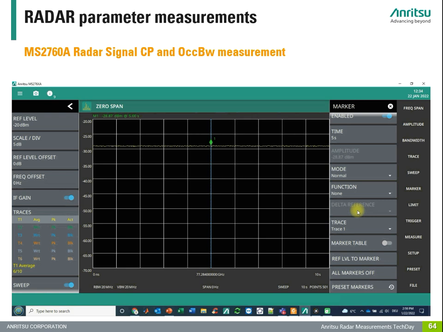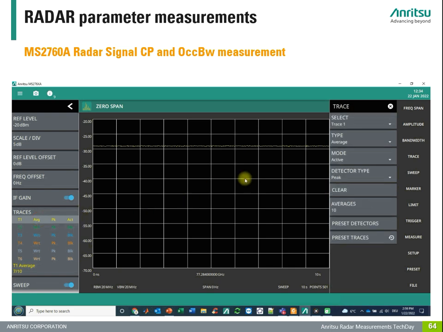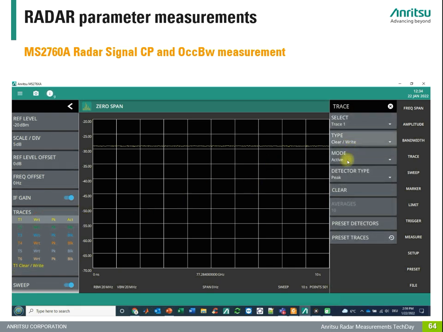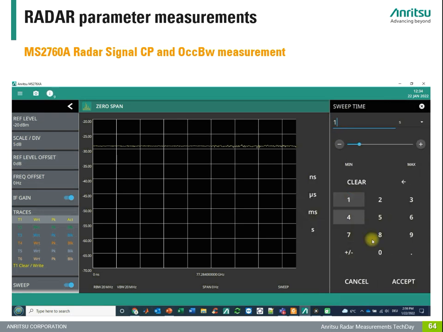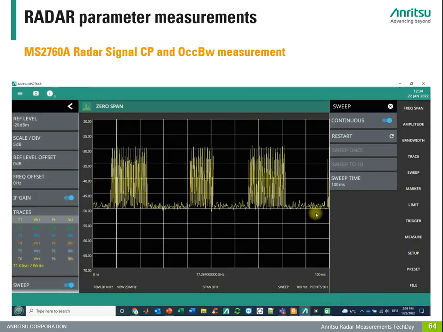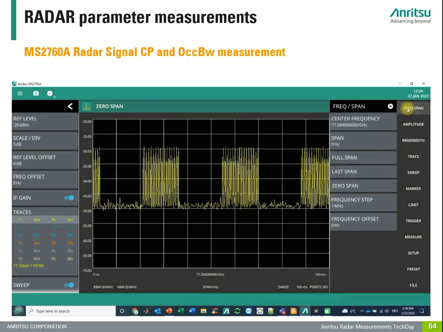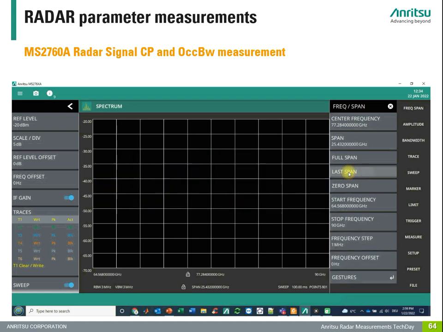Okay, so now let's continue and go back into the so-called frequency domain. We are going back into the normal operation mode. We are setting our sweep time again to 100 milliseconds. Frequency, last span.